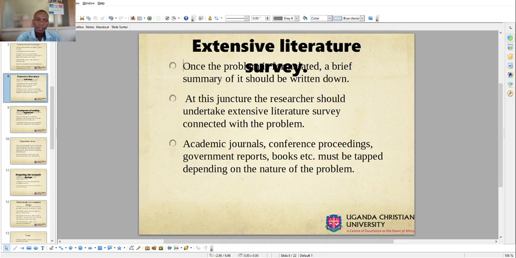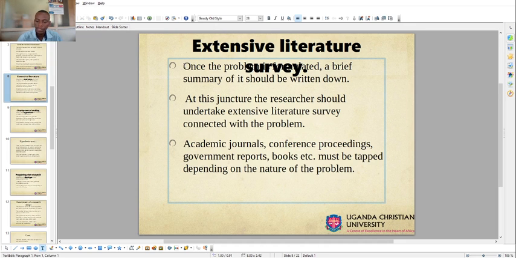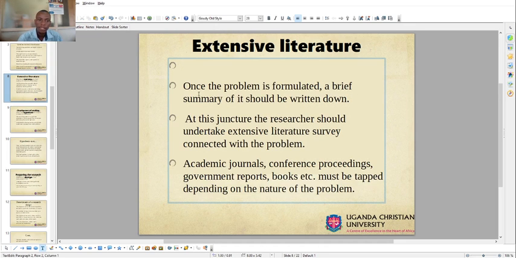Extensive literature survey. Okay. So once the problem is formulated, a brief summary of it should be written down. At this juncture, the researcher should undertake an extensive literature survey. Literature involves reading what other people have written about the phenomenon. It won't turn out that you're the first, the only person to have written about something.